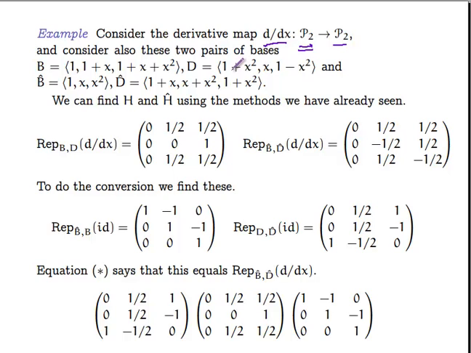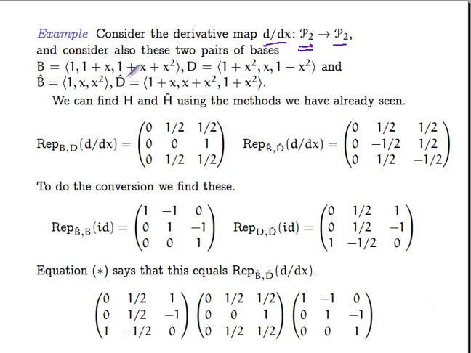And let's represent this map with respect to B and D. All right, if we look at these mappings here, the derivative map acting on 1 gives me 0. The derivative map acting on 1 plus x gives me 1, and you can show that 1 is equal to 1/2 times 1 plus x squared plus 1/2 times 1 minus x squared.